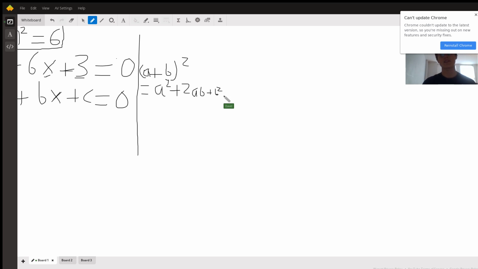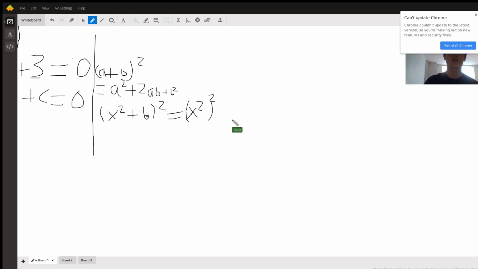But we can say even more. It's not only the case that this is true for all variables, but it's even true when we substitute expressions for a and b. For example, if we write x squared plus b and try to square that, well, that is actually equal to x squared squared plus 2 times x squared times b plus b squared.